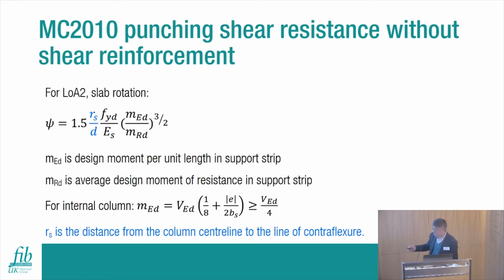So this is influenced by the slenderness of the slab, which is not considered in the present code. And we also see that the resistance depends upon the ratio of the design moment within the support strip to the moment of resistance raised to the power of 3/2.